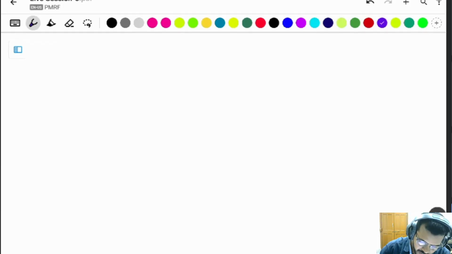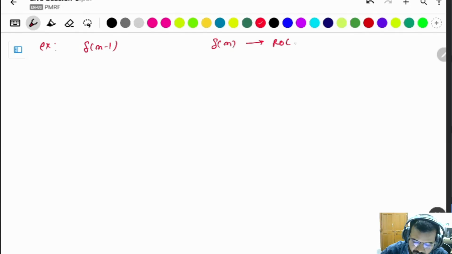Suppose there is a function like delta of n minus 1. Then what is the ROC of this function? Will it be the same as the entire plane or something different? For delta n, the ROC is the entire z plane.